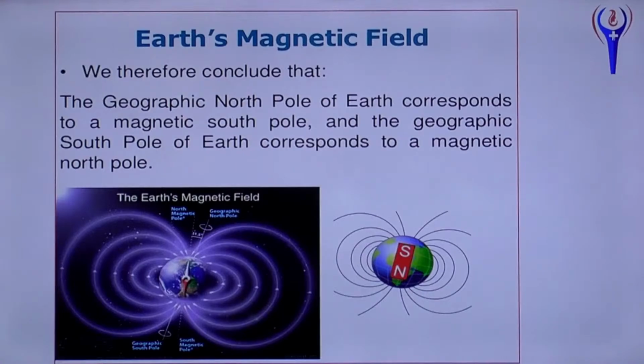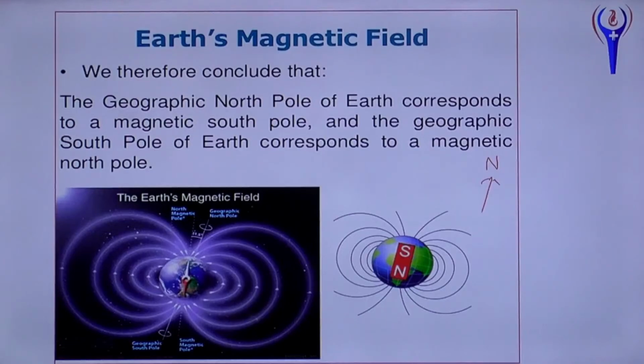The south pole of earth's magnet is in the north side, and the north pole of earth's magnet is in the south side. That's why if we suspend a bar magnet here, north and south will attract.